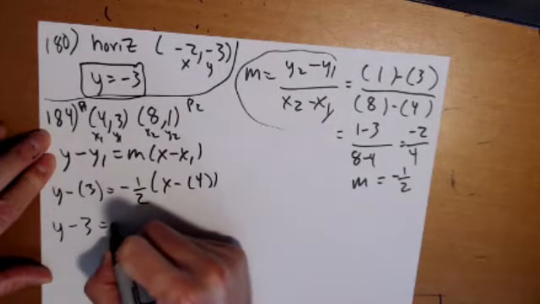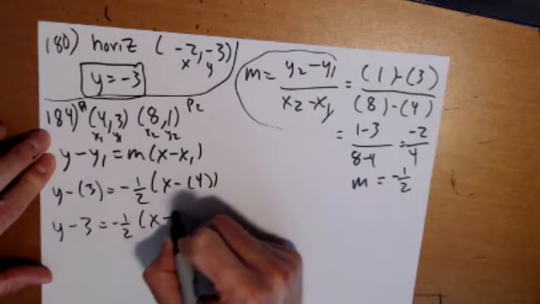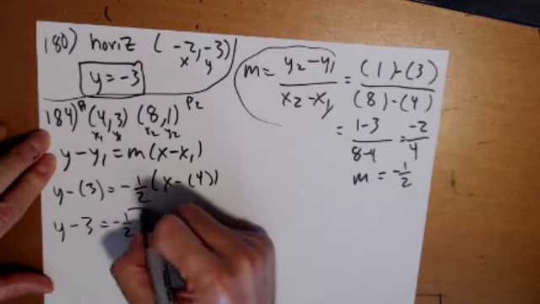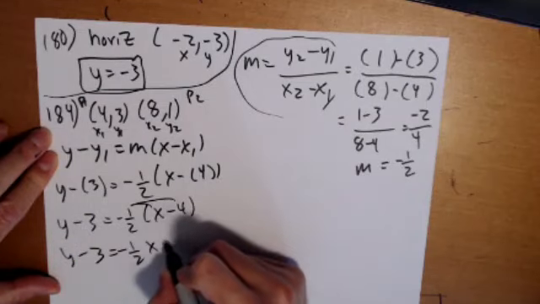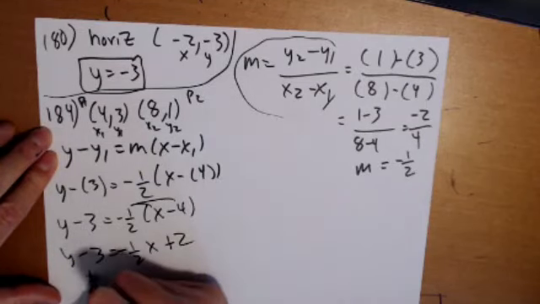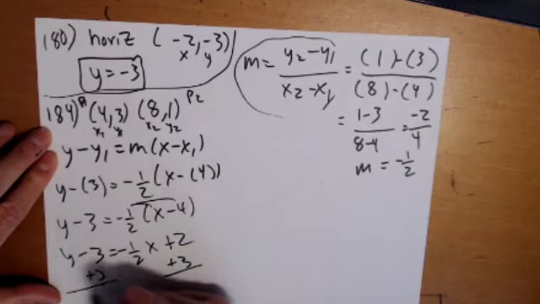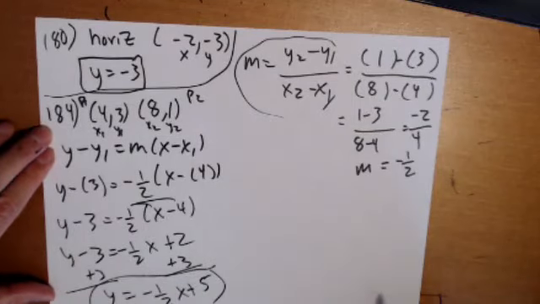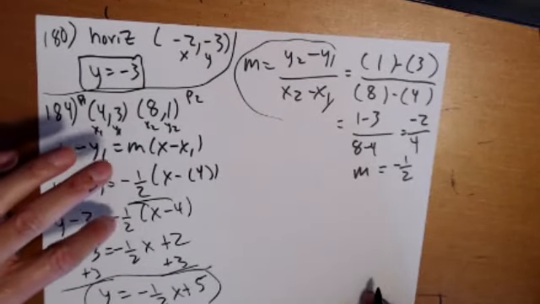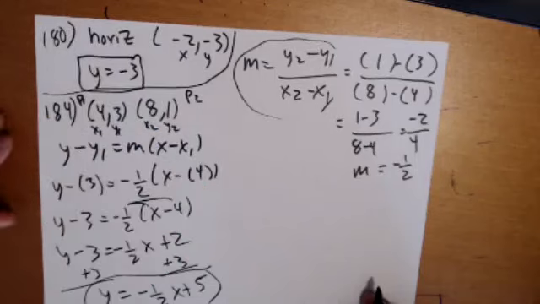Y minus 3 equals -1/2 times x minus 4. I'm going to distribute the -1/2, so y minus 3 equals -1/2 x plus 2. Add 3 to both sides. Y equals -1/2 x plus 5. Ta-da! Did I do that right? -1/2, positive 2. Seems good.